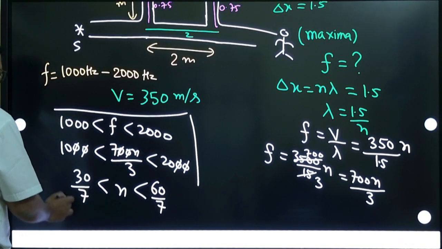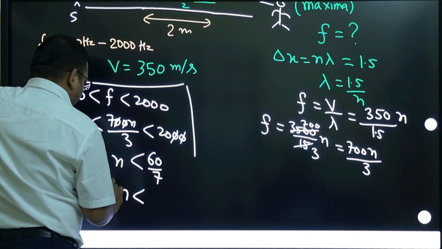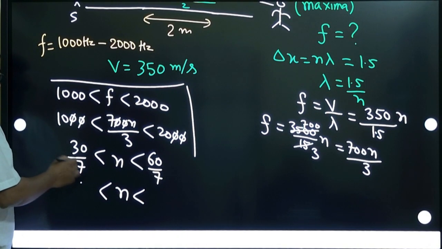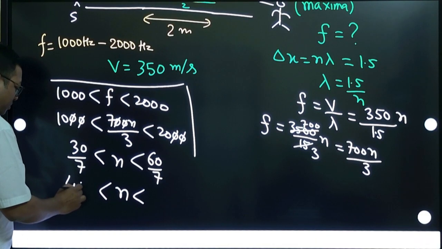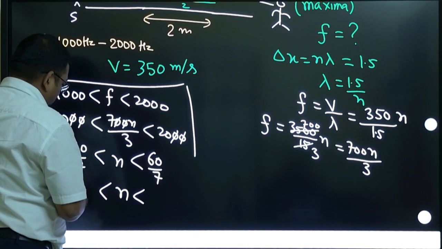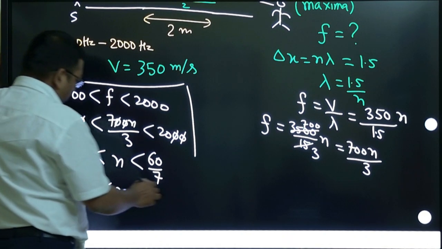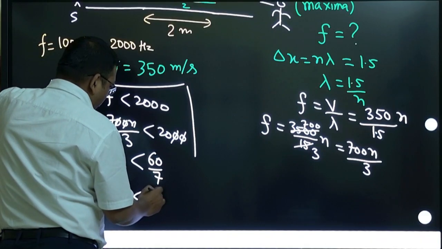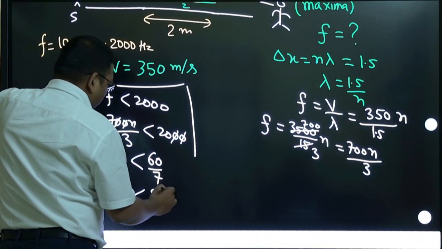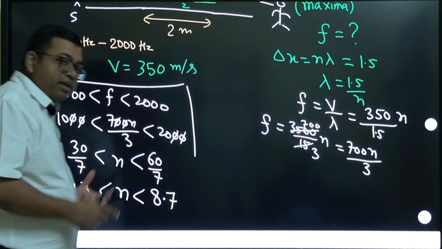So that translates to n must lie between, it's an integer, note that 30 by 7 is what? 7 4s are 28, nearly 4.3 you can take, and this you can take as 7 8s are 56, nearly 8.7 approximately, and it is an integer.